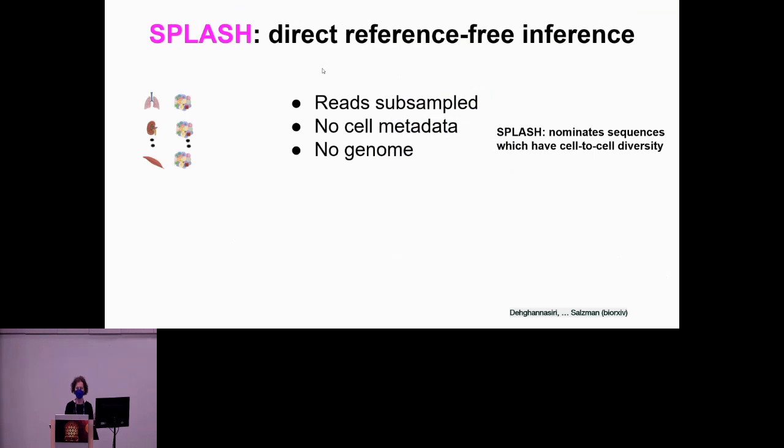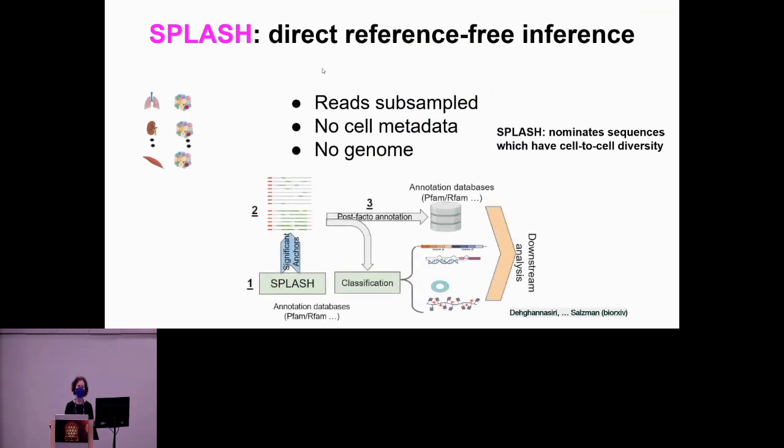So it's totally blinded data. In this case, this was actually analysis done several years ago now. So reads were subsampled because the first implementation of SPLASH was amazing, but it was in Python. And so now today, thanks to Sebastian's group, it's ultra efficient. We had to subsample at that time.